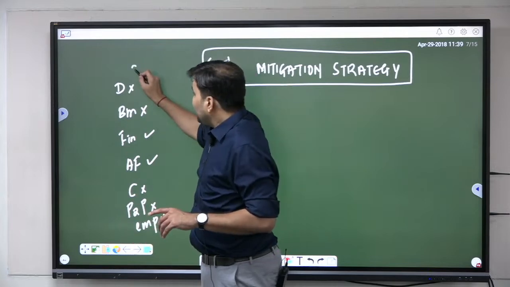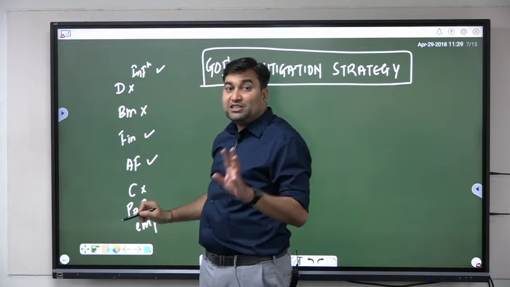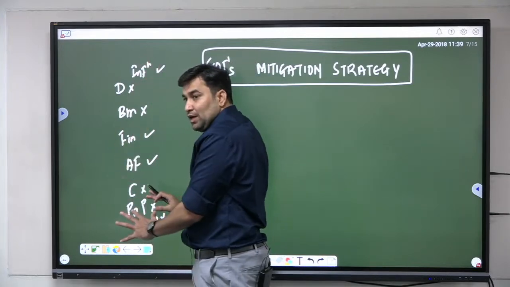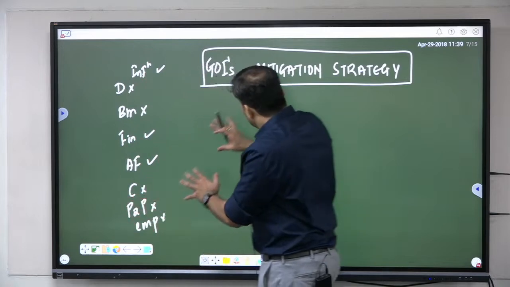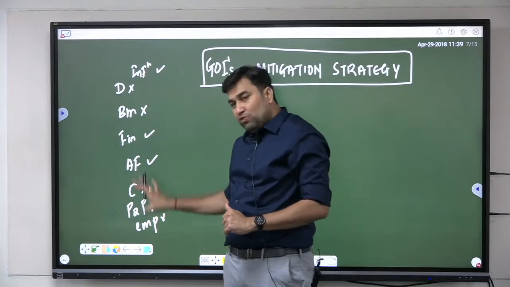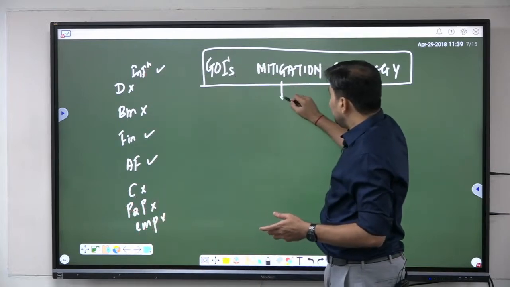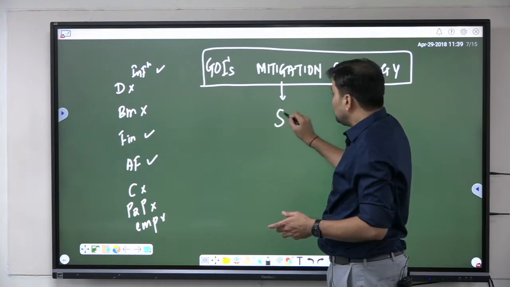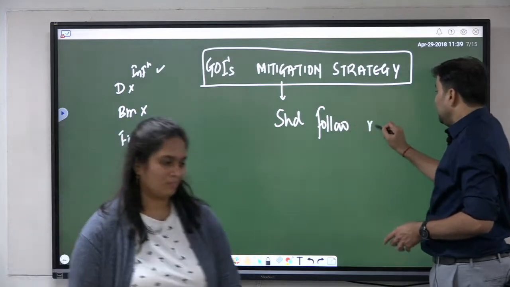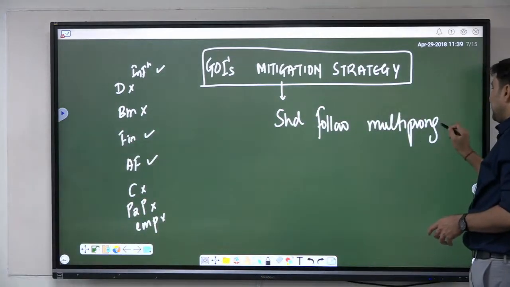Then more infiltration and change in the demography, especially Bodos, etc. So these were the problems. Now we have to find a solution to these problems. Now tell me, is this a unidimensional problem? No. So the Government of India's mitigation strategy should follow a multi-pronged strategy.